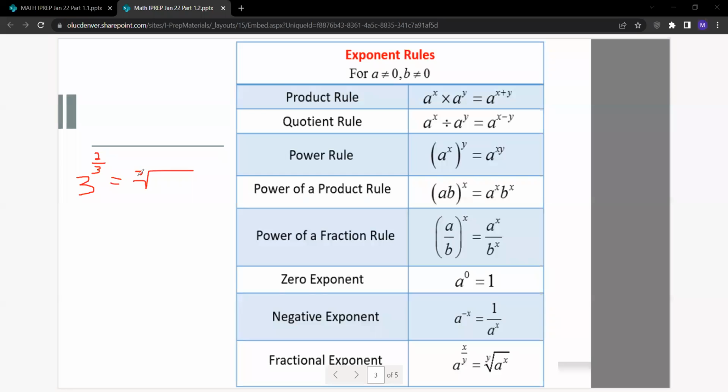If it's 2 over 3, this is the cube root of 3 squared. That's a little more complex of a rule, and you won't see it as often, but it's definitely nice to know. So those are all of our exponent rules.